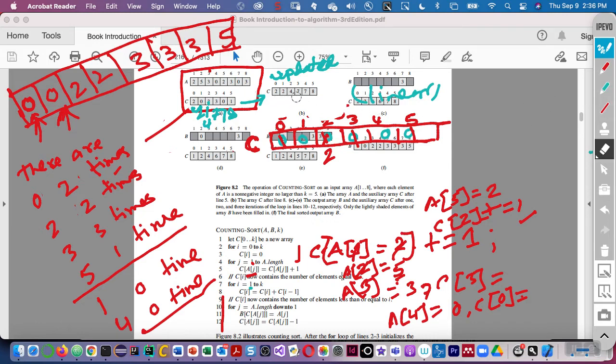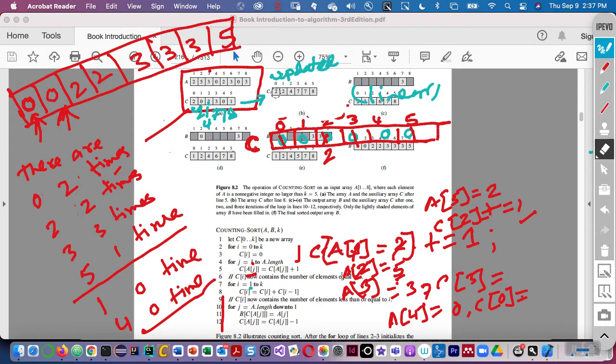This updated C means that this element 0 will be... if there are multiple zeros, we see that there are multiple zeros, the zeros will have, if it exists.